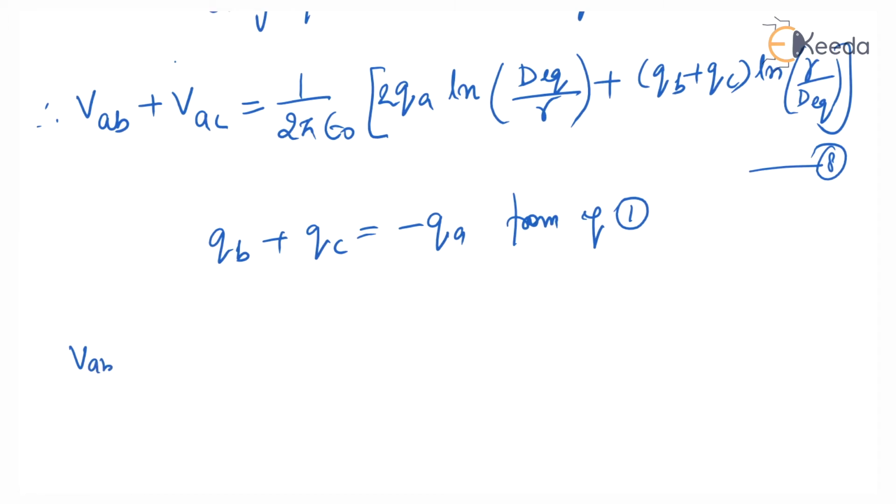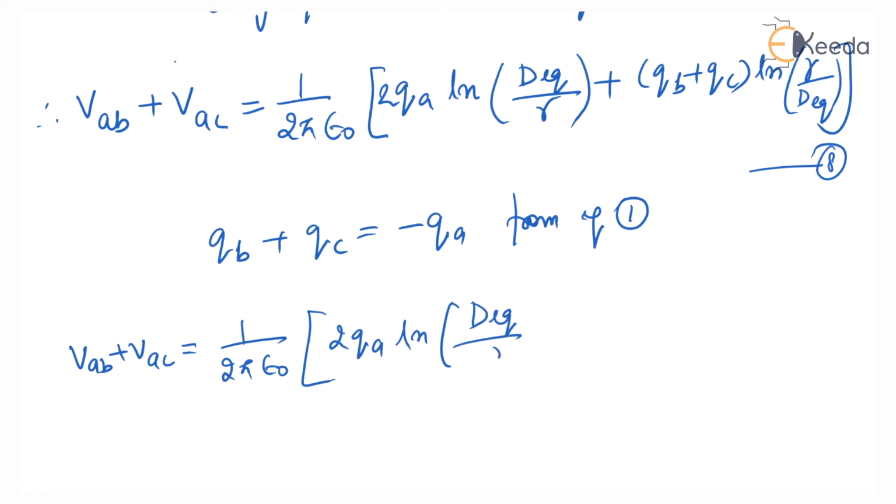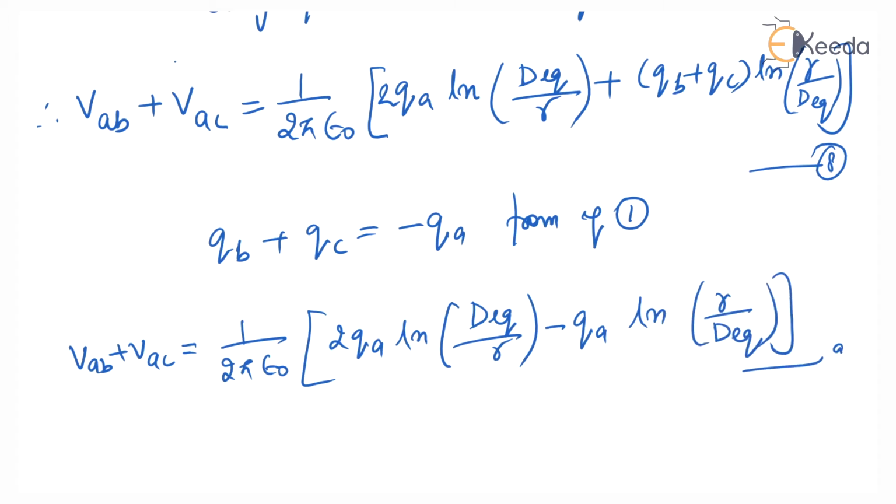So VAB plus VAC is equal to 1 upon 2 pi epsilon naught, 2 QA log DEQ by R minus QA log R by DEQ. This is equation number 9.